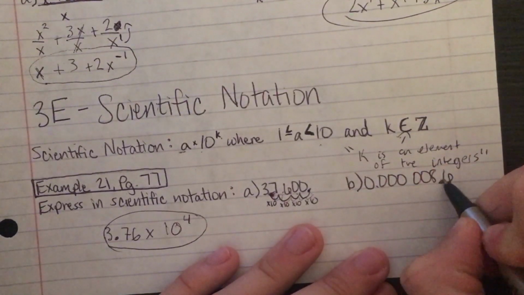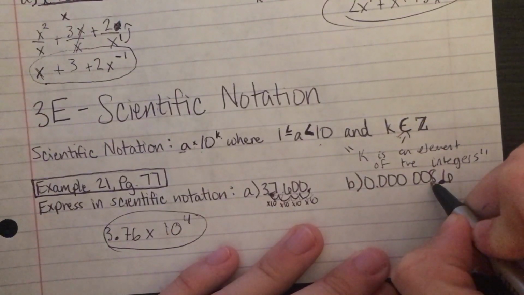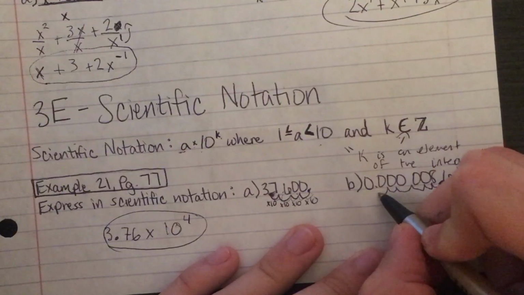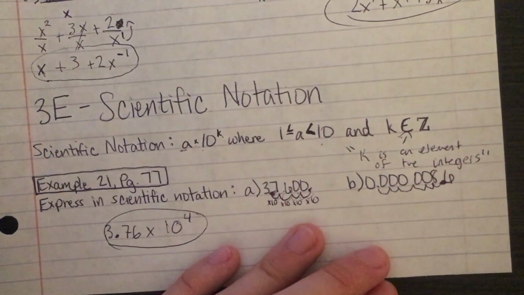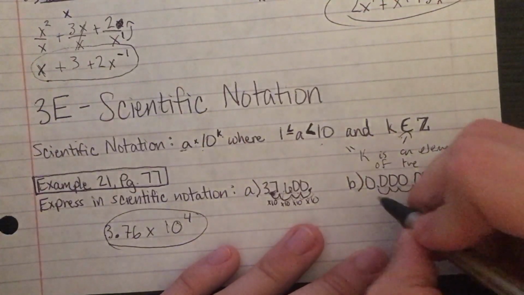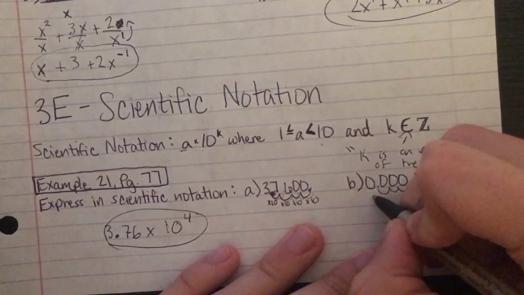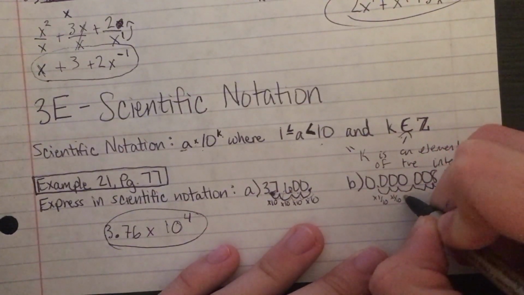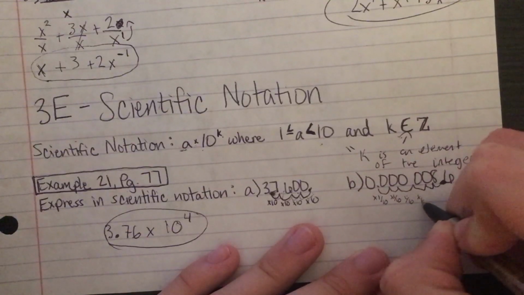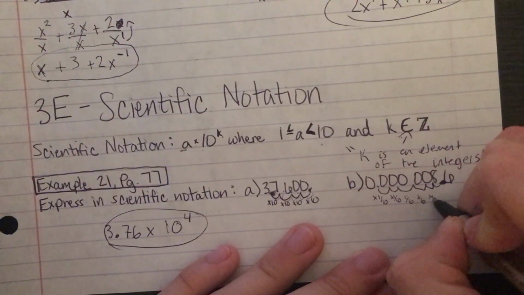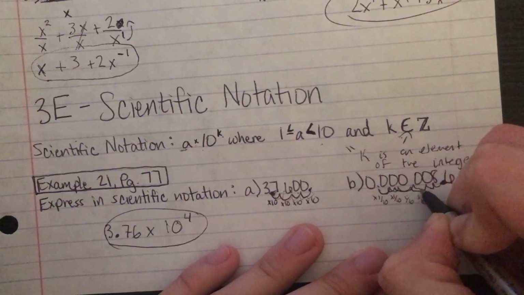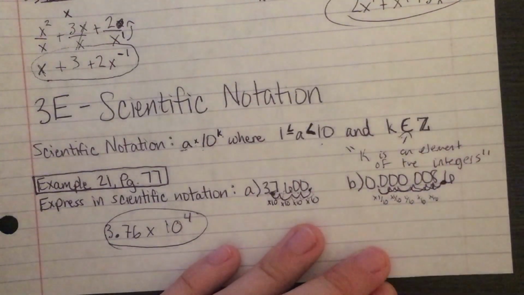So if I put it right here, every time that you move a decimal place to the left, you're multiplying by 1/10, or you're dividing by 10, whatever way you want to think about that. So times 1/10 times 1/10 times 1/10 times 1/10 times 1/10. So 1, 2, 3, 4, 5, 6 times.